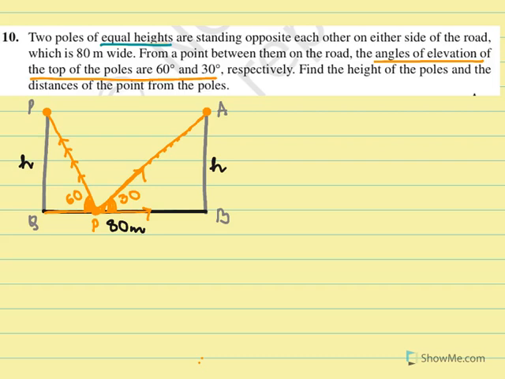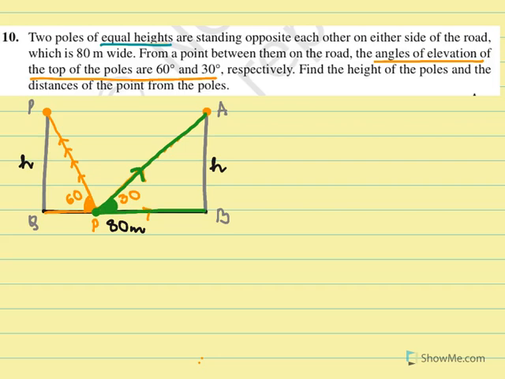Hope you've understood the angle of elevation. I repeat again about angle of elevation. They said from point P, the angle of elevation is 30 and 60. So first you draw your line of sight. Here is your line of sight. And then you draw the horizontal, mark the horizontal. This angle between the line of sight and horizontal will be one angle of elevation.